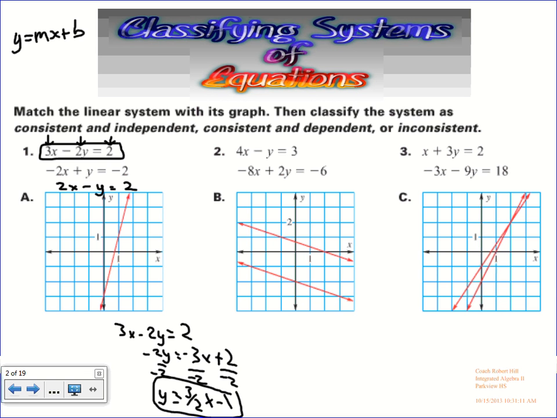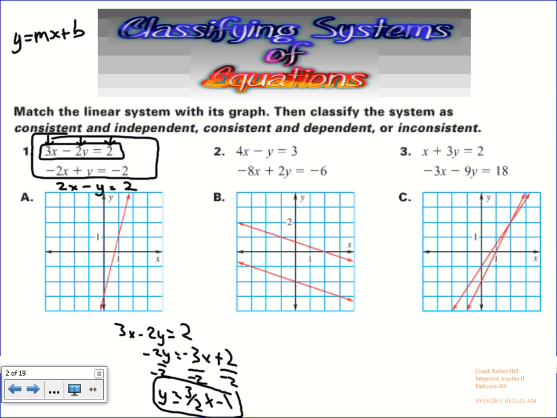Then once you have that, you can always find the slope by doing negative a over b. So these two equations right here, in number one, are an example of a system that has different slopes.